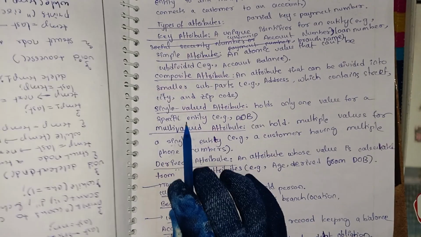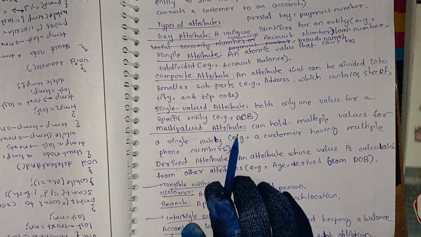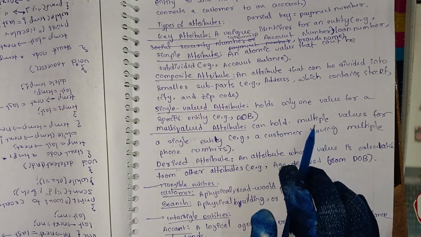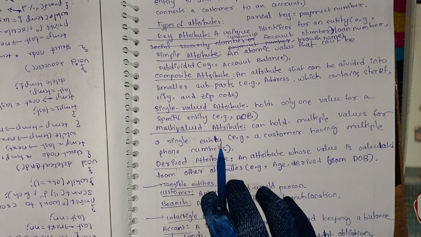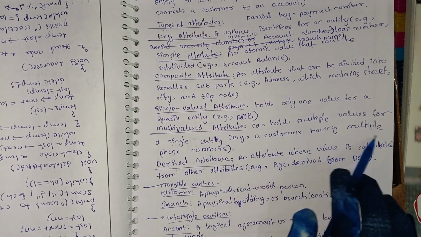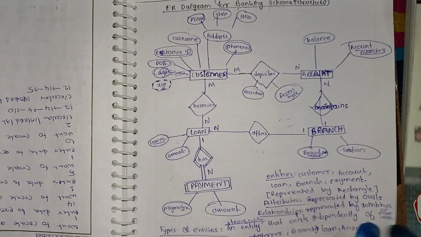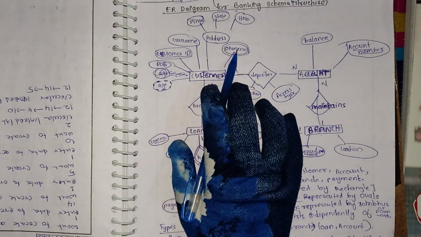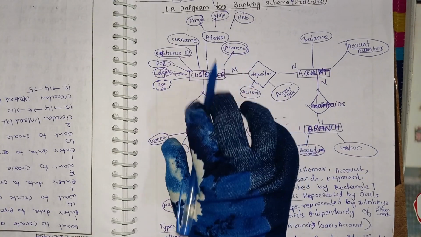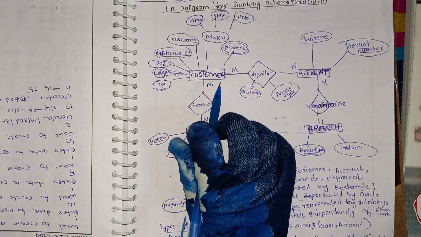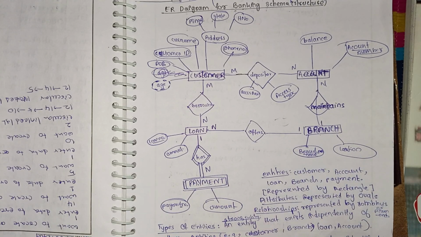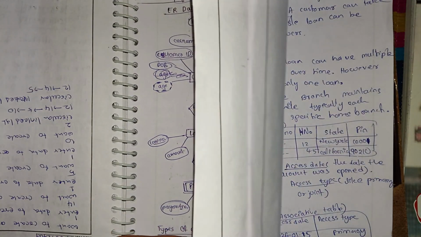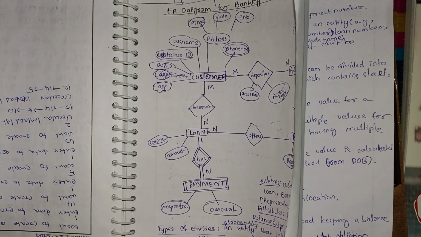And then multi-valued attribute can hold multiple values for a single entity. Example, a customer having multiple phone numbers. Here we have the customer entity. In this, phone number is an attribute which is represented by a double circle, as we have discussed in the naming conventions of relationship types.